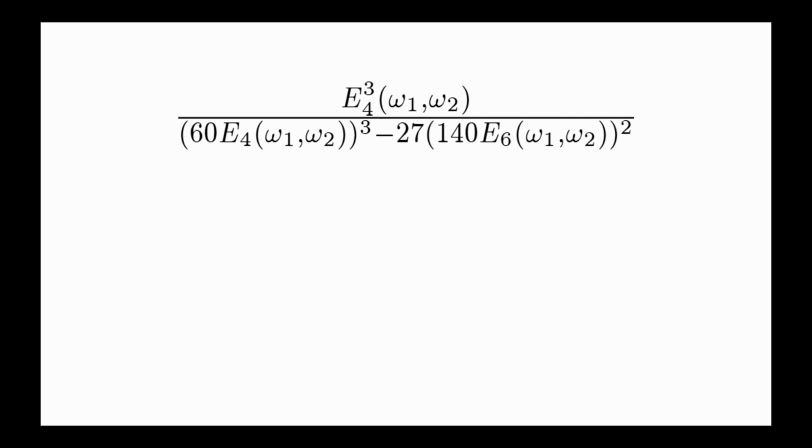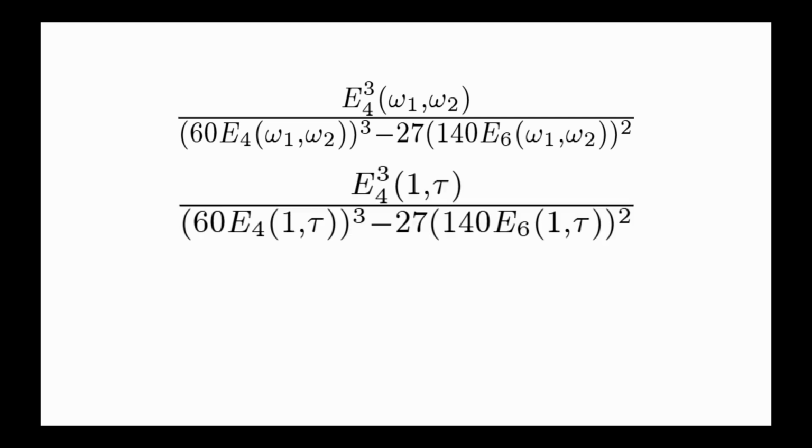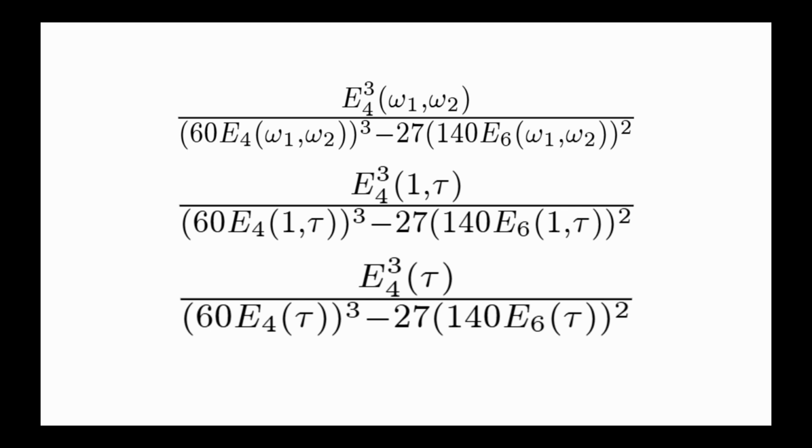And since it is homogeneous of degree 0, we can scale our lattice so that one of our periods is 1 and we denote the other by tau. And we can consider the resulting fraction as a function of only one variable. So this thing on the screen here is essentially the j function, as we will see, up to some constant fudge factor.